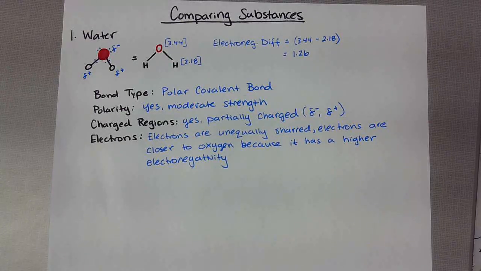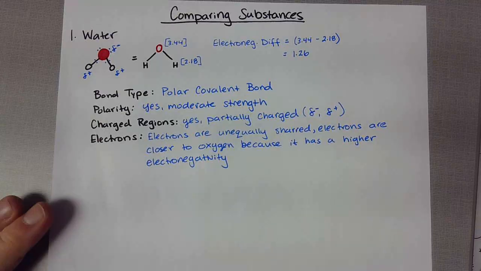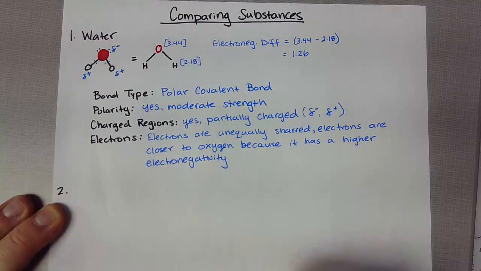Okay, so that's what we're doing today. Using that substance, describing electrons, describing the regions, identifying a bond type. Water's done. Next substance, we're going to do salt.